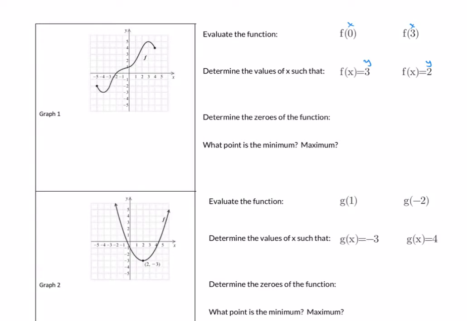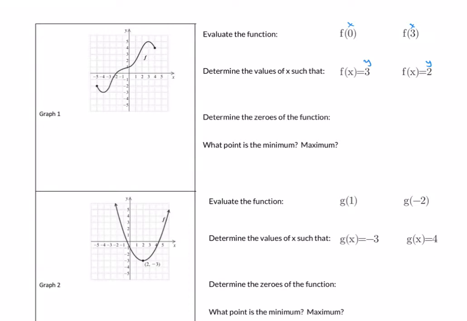So when we look at f of 0, I want to know which point has an x-coordinate of 0, and I want to know what is the y-coordinate of that point. So remember, when x is 0, we do not move left or right. We're just going to go up or down.